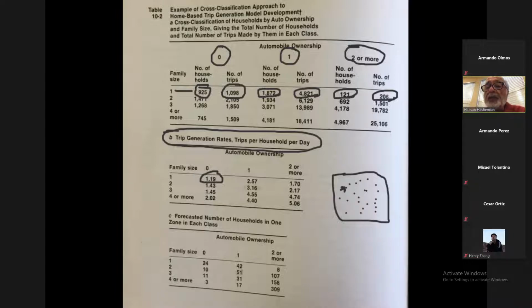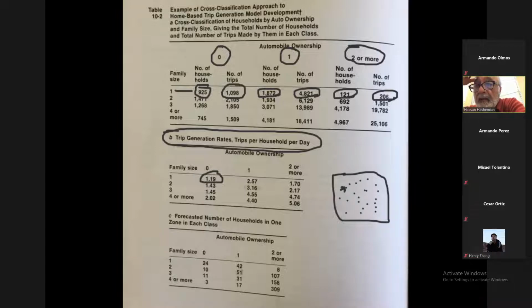So we do it for each of these categories. So 1.19, 1.43, 1.45, and so on. So that's how we get these numbers, correct? So that gives us, on the average, how many trips each of these categories are making per household, per day.